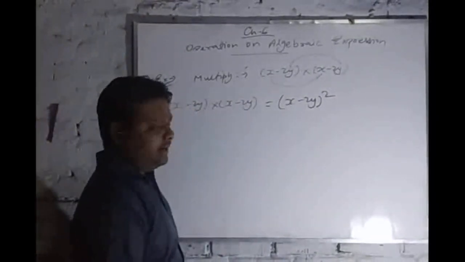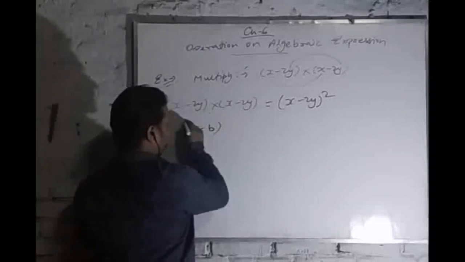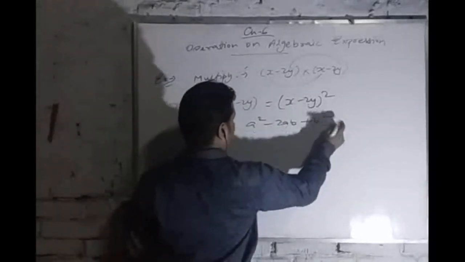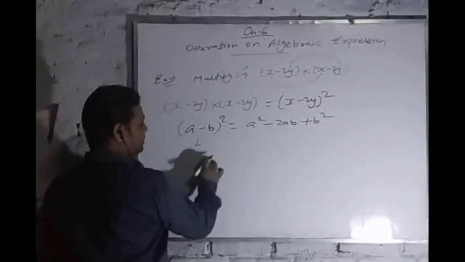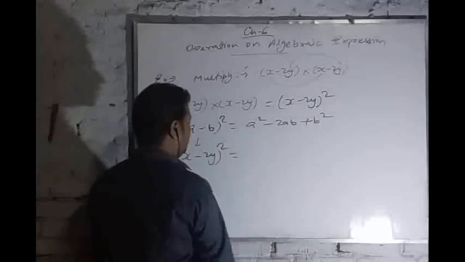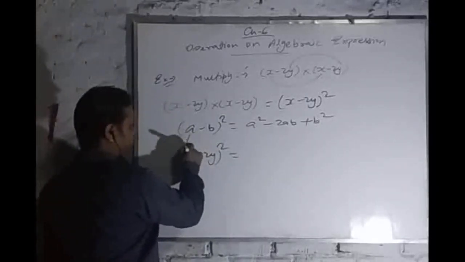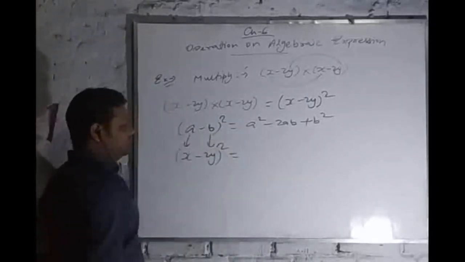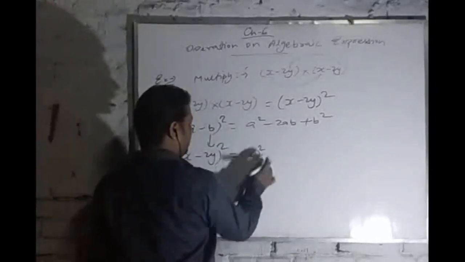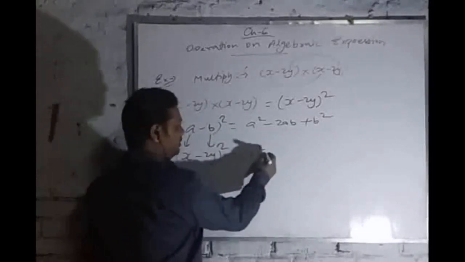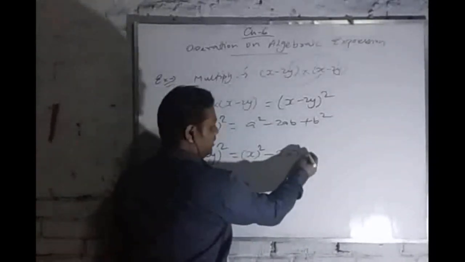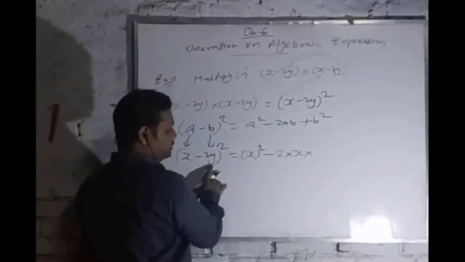Now the formula we will write, that is (a minus b) square is equal to a square minus 2ab plus b square. Now, x minus 2y the whole square is equal to: here in the place of a it is x and in the place of b there is 2y. So put the value, x square, in bracket we will put minus 2 into a, that is x, in the place of b, only 2y.